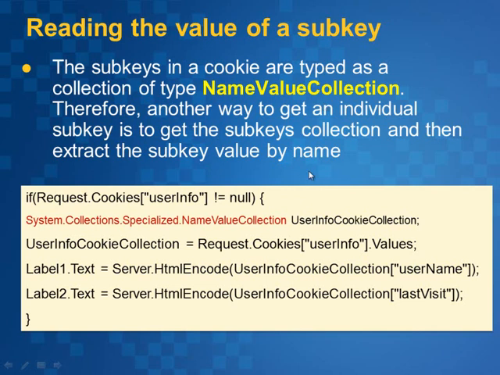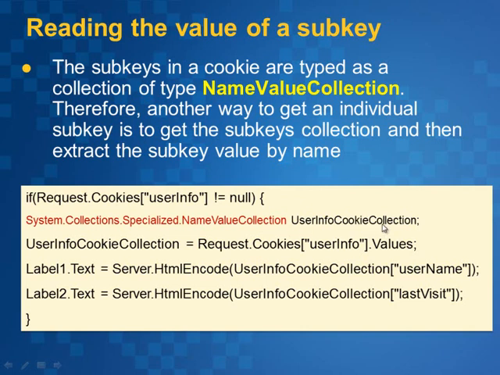Now what is being done is, we are not manipulating the cookie object itself. What you do is, these name-value pairs are actually derived from a collection called NameValueCollection, and it is available under System.Collections.Specialized. That class is available there.